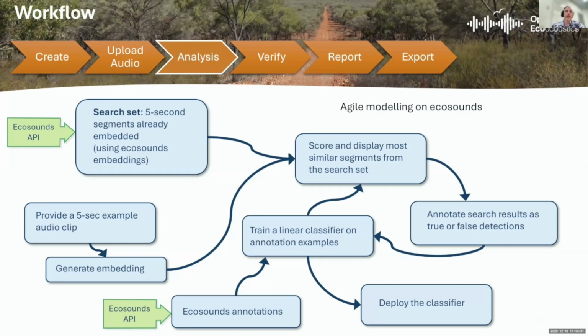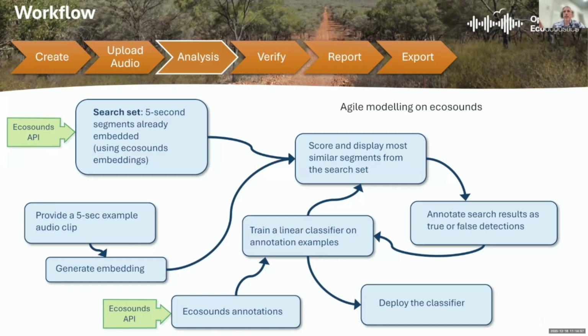That's done automatically, and those are available via the API. And that's a really great time saver and headache saver, because it can be a pain to get things set up in order to generate those Perch or BirdNet embeddings. But also it can take a long time to compute them. And it's really great having them available on ecosounds so that we can just request them via audio recording ID.